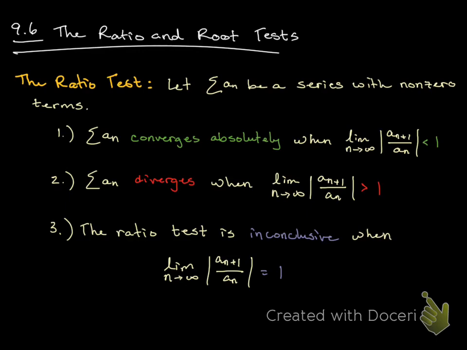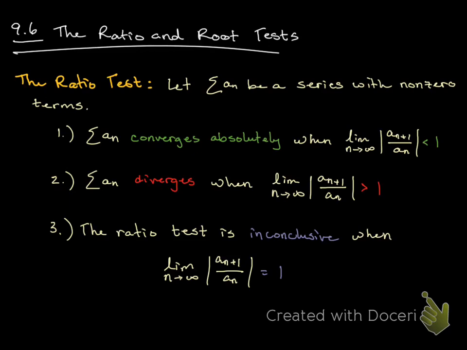So basically this test is not strong enough in a situation like that to explain what's going on. But if the limit is larger than or smaller than 1, then we have an outcome and we know what's going on. I want to do a couple examples here and just see what situations we end up in and when the ratio test might be useful and when it might not.